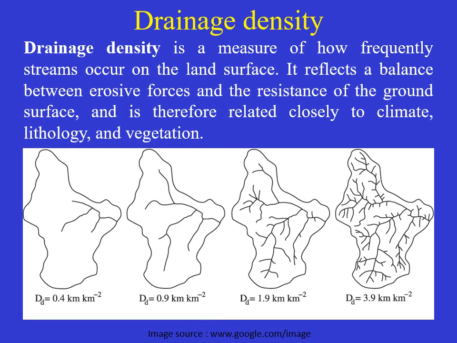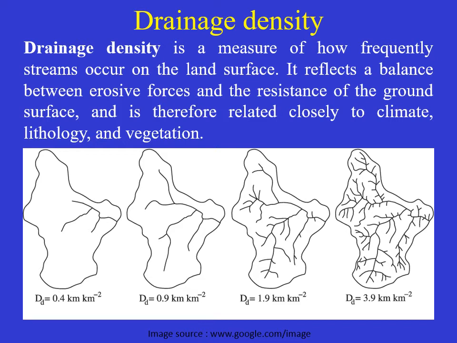So drainage density is a measure of how frequently streams occur on the land surface. As I told you, within a given area, what is the number of streams, that is, how much flow a given area suffers.